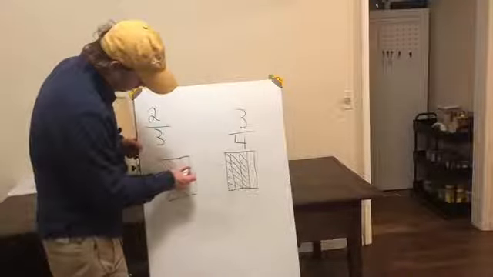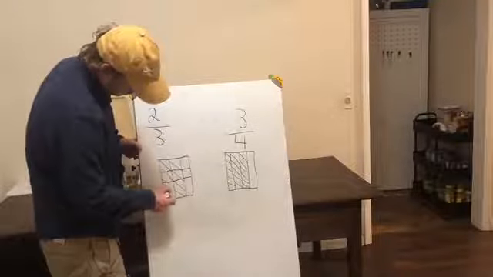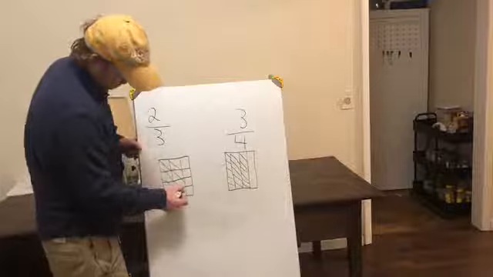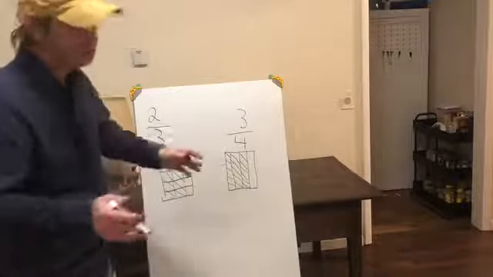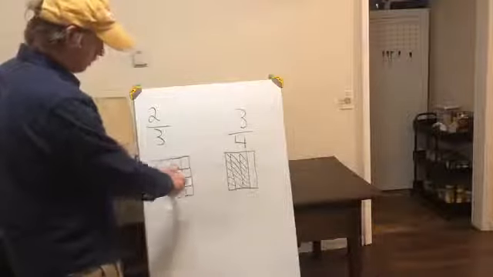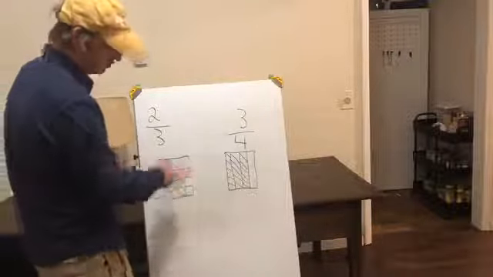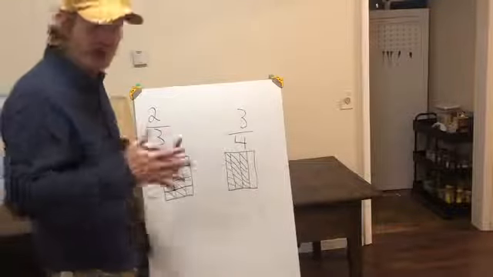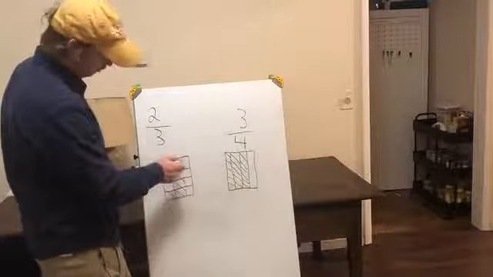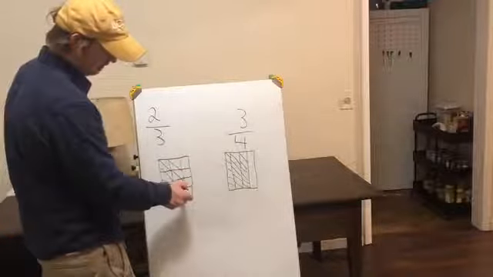And I'm going to do that on my picture by cutting our box into 4 more pieces. So 1, 2, 3, and 4. I didn't change the size of my box, but I changed the total number by adding in 4 more sections. So now we have 1, 2, 3, 4, 5, 6, 7, 8, 9, 10, 11, 12.